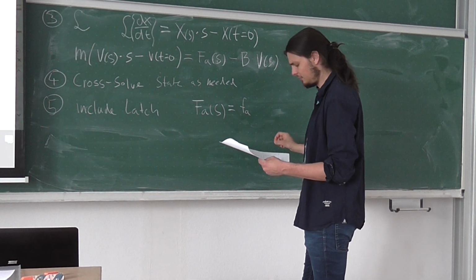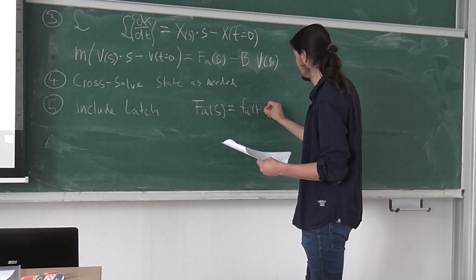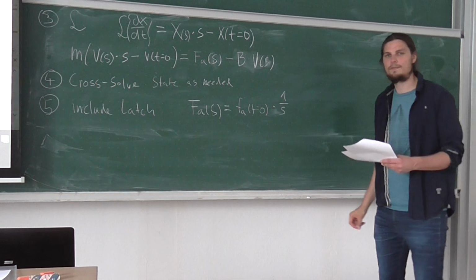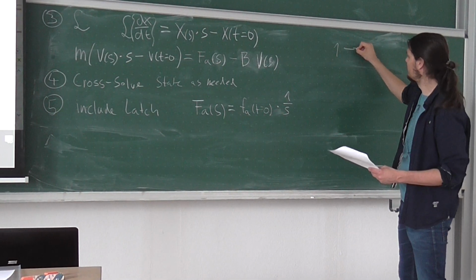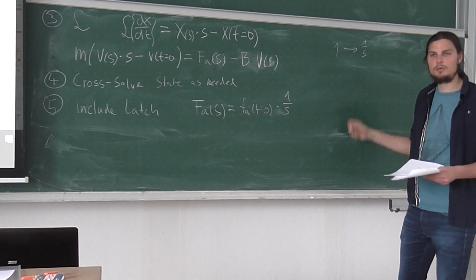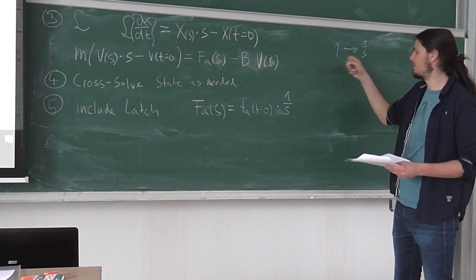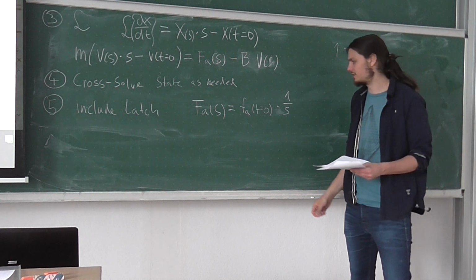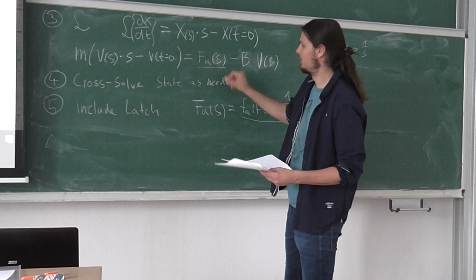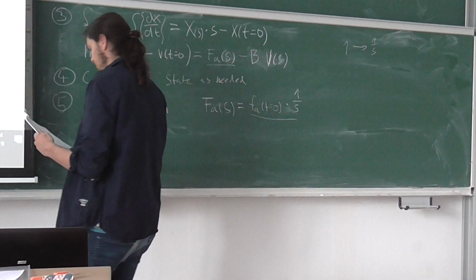So it's actually F_a at time 0, that's 1 over s. I don't know if you've seen this, but the Laplace transform of 1 is 1 over s. So we can substitute this in for our F_a.